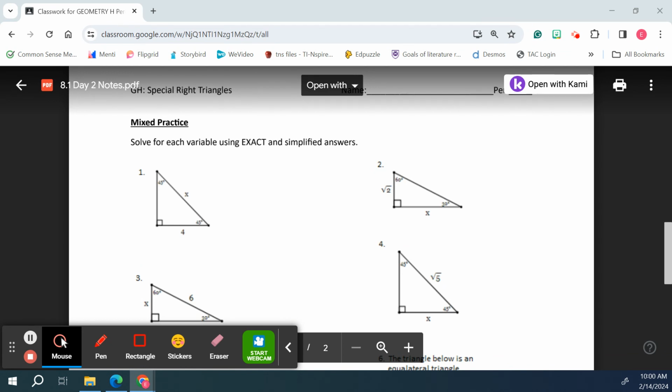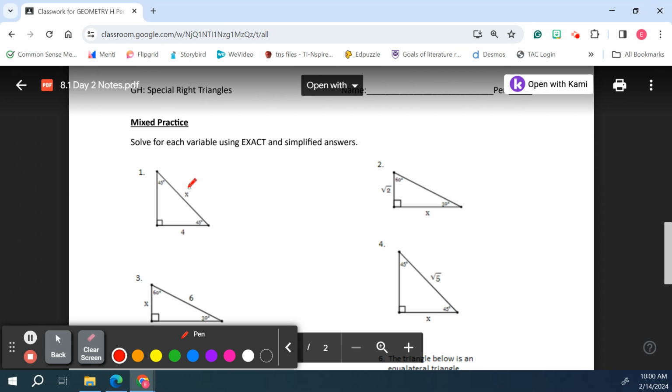All right, someone give me the answer for number 1. Macy. 2 square root of 2. What'd you get for the first one? Not 2 square root 2. Close. Well, this is a 45, right?